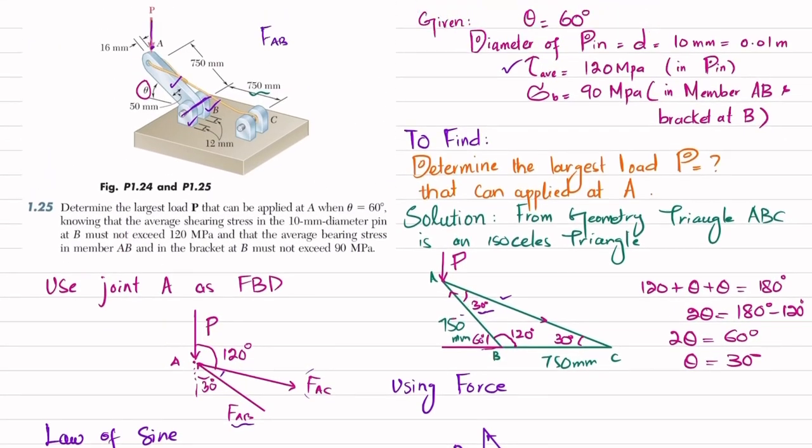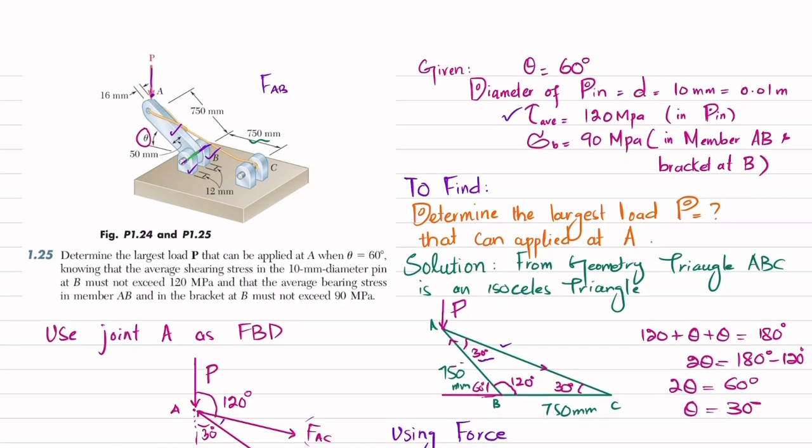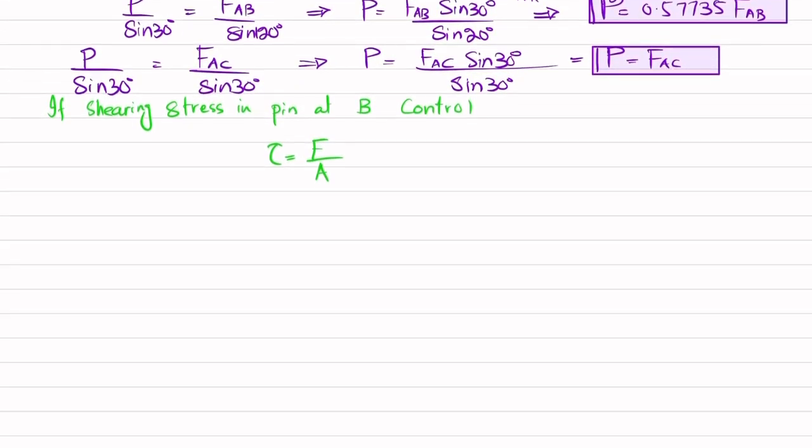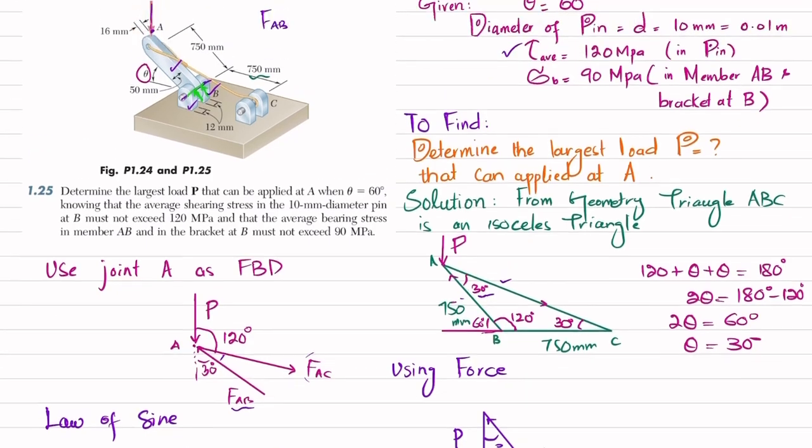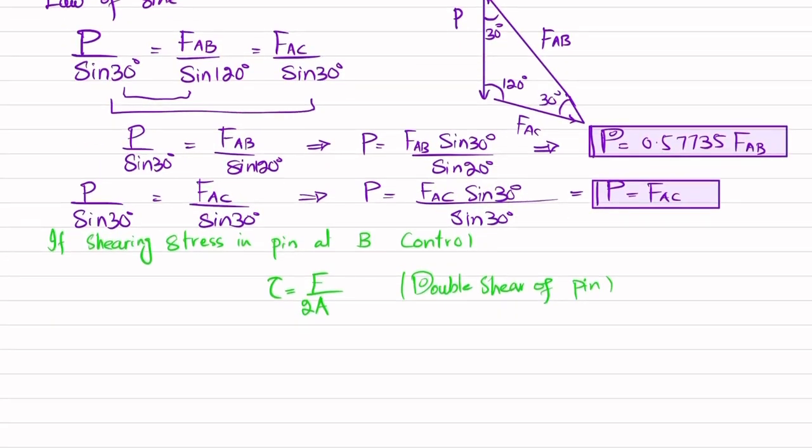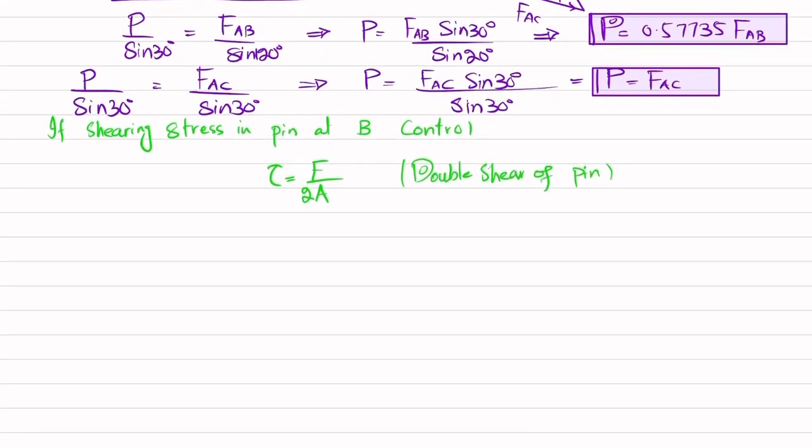You can see that this pin will be sheared over here as well as over here, so there is double shear of the pin. We will take 2A. So shearing stress is equal to force divided by 2A, due to double shear. The shearing stress is given as 120 megapascal. Clear?